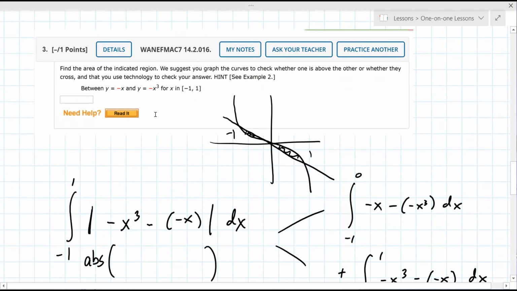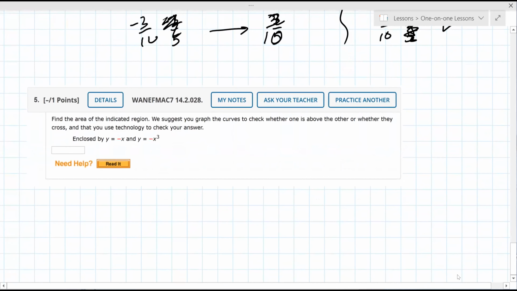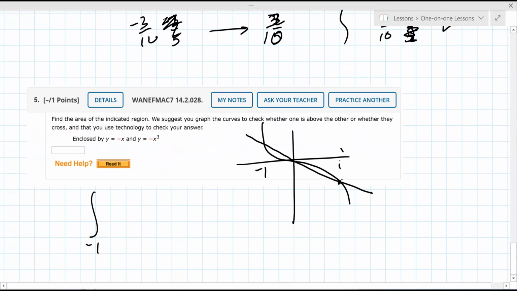Number 5 is the same as number 3. Again, that graph looks like this, and then you've got that line going there. It ends up being the same points, 1 and minus 1, so you're integrating from -1 to 1.